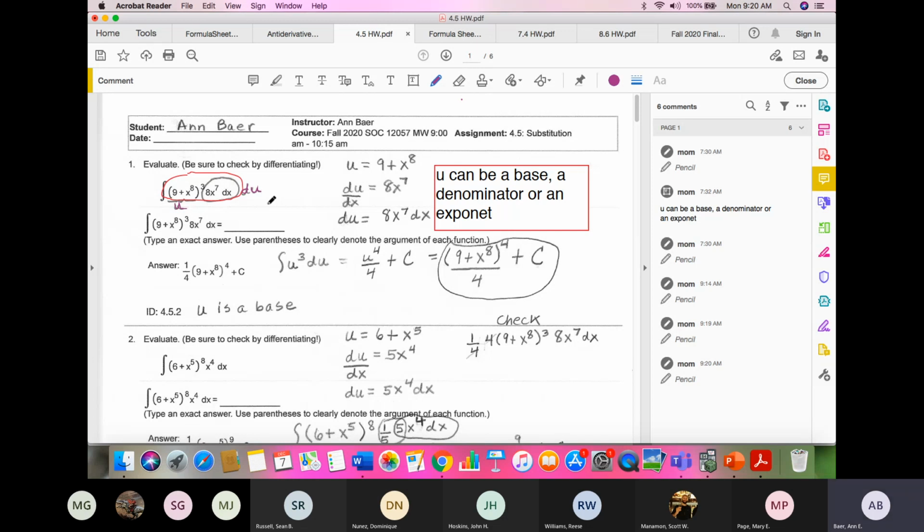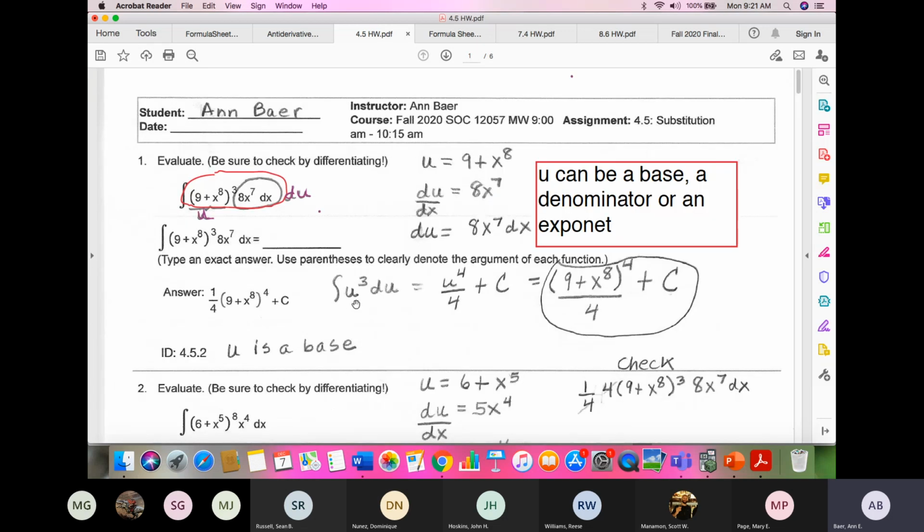So we're now ready to convert our integral and write it only in terms of u. So we write down our integral sign. And then what's in parentheses here, that 9 plus x to the 8 is just u. There's a u here.